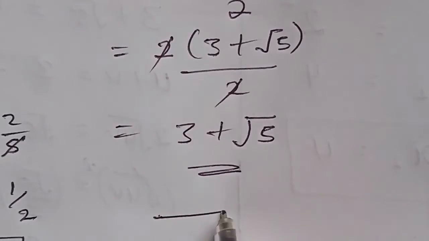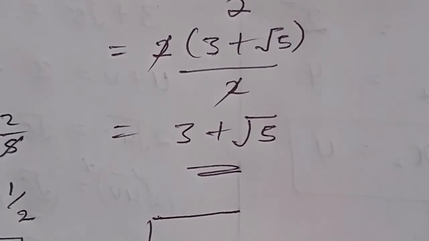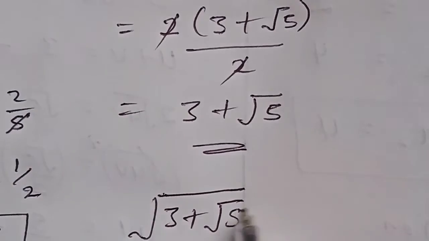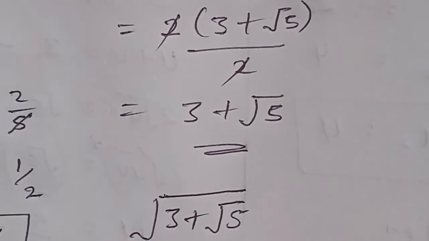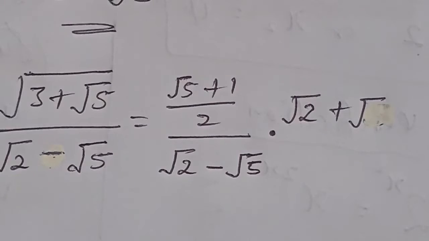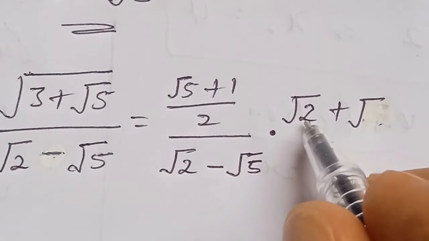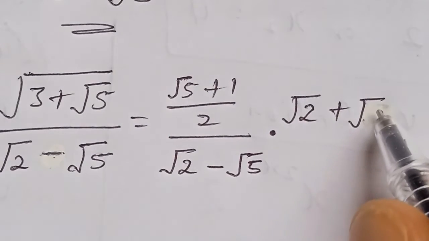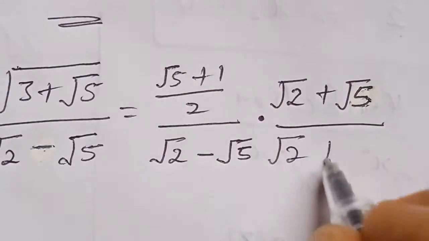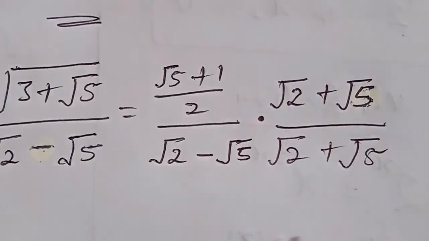with what we have earlier, which is square root of 3 plus square root of 5 over square root of 2 plus square root of 5.